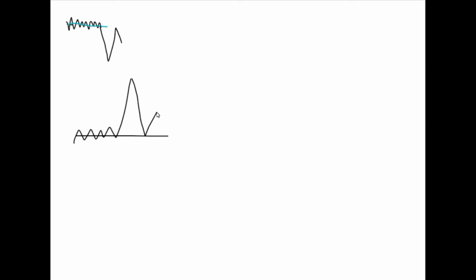So this is the setup we are looking for in our charts. We're looking for a setup where the market is moving, then we get this kind of action, then the market breaks down.